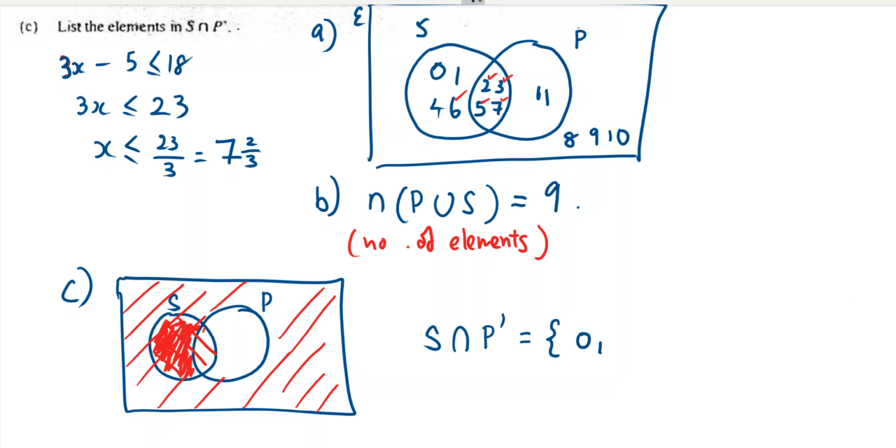So from here it is 0, 1, 4, and 6. This is a very standard and basic question on set notation. Most students struggle in knowing where the required area is. There are a lot tougher ways they can ask the question, which I will go through in other videos.